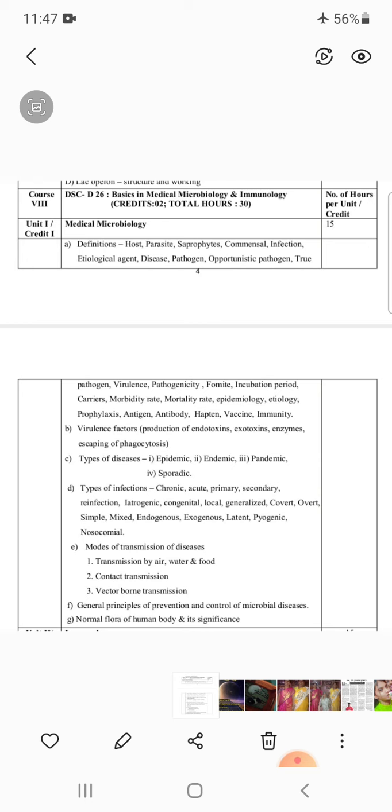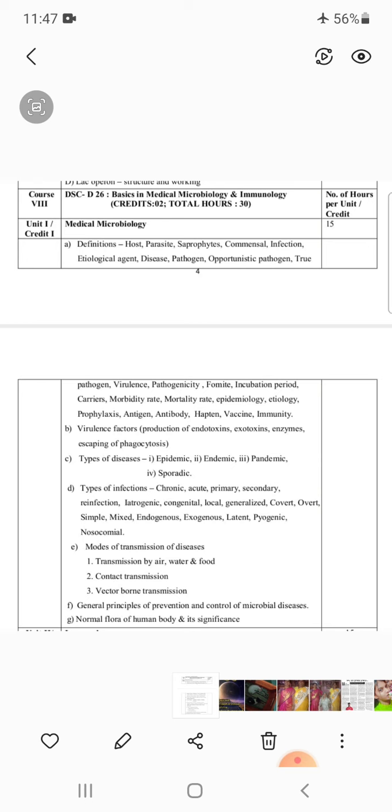Next one is simple infection. When one single organism causes infection in a human being, it is known as simple infection. Mixed infection, when more than one organism, two, three, four, cause infection together, is known as a mixed infection.